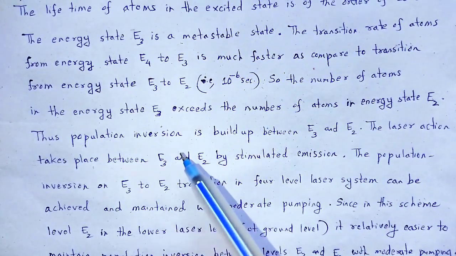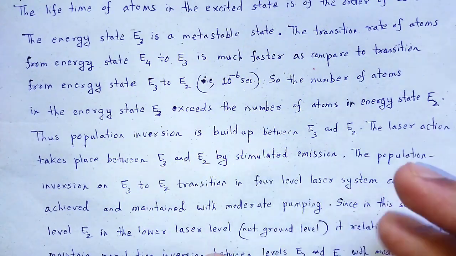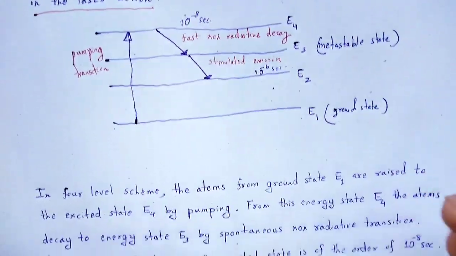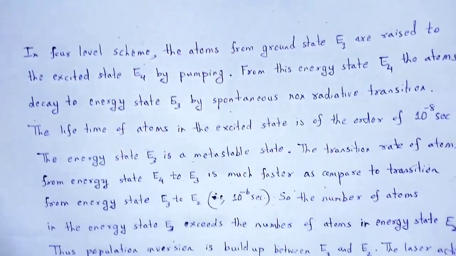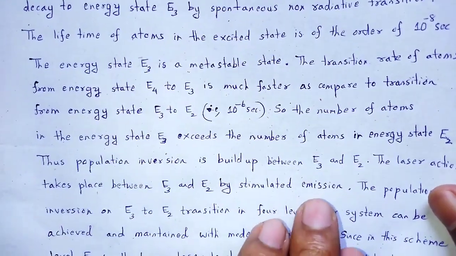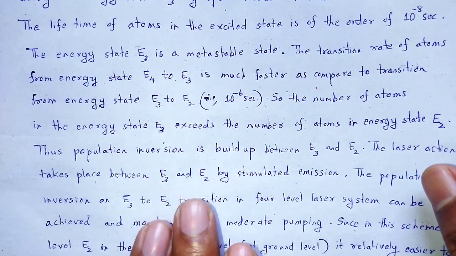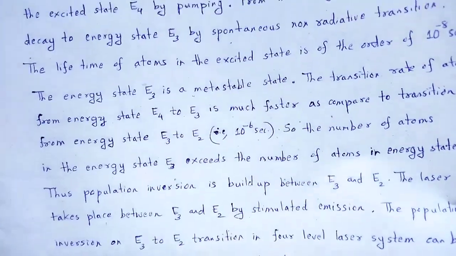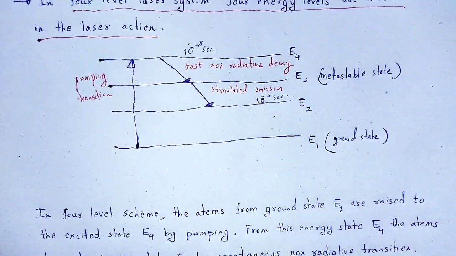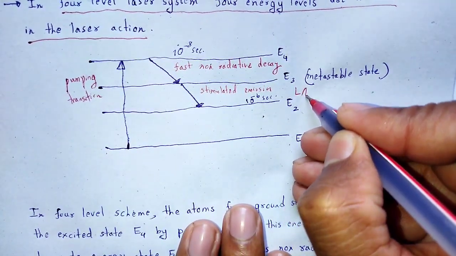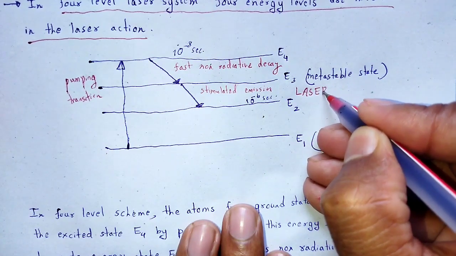Thus, population inversion is built up between the energy levels E3 and E2, and the laser action takes place between E3 and E2 by the process of stimulated emission. Here we obtain the laser transition.